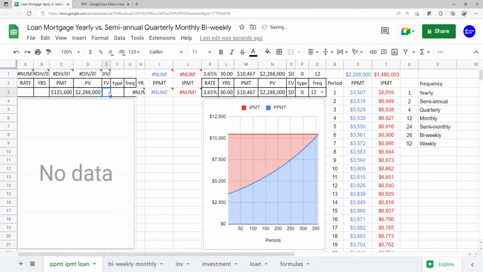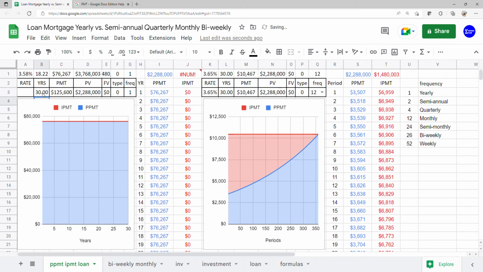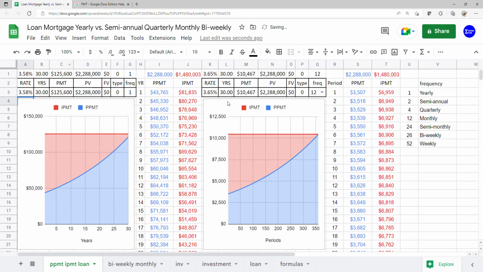The future value is also 0. The type is also 0. But the frequency, because it's yearly, it should be 1. And the mortgage length is the same, 30 years. So therefore the rate should be 3.58%, which is lower than 3.65%, the monthly payment. So this is the equivalent in yearly payment.